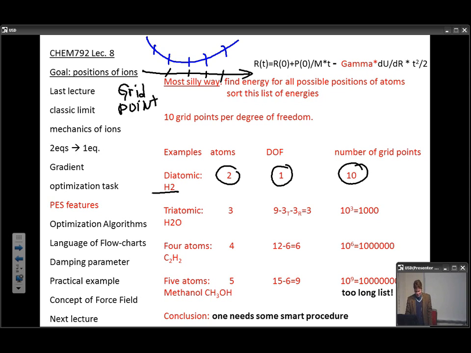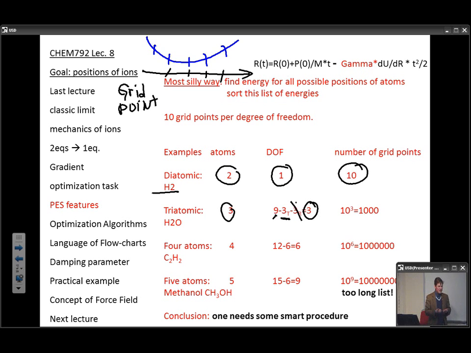That's fine. If we are going to 3 atoms, like water, the total number of degrees of freedom is 9, but we remove 3 translational when everything moves coherently, and we remove 3 rotations and have 3 degrees of freedom.